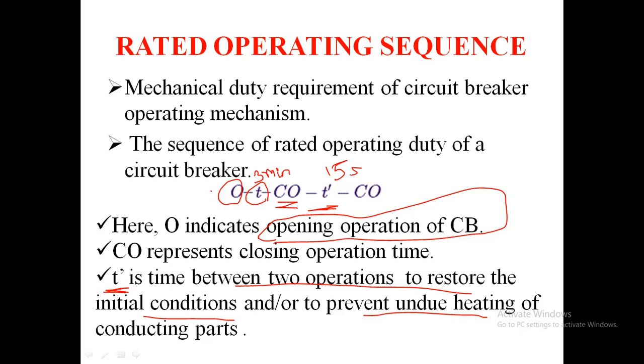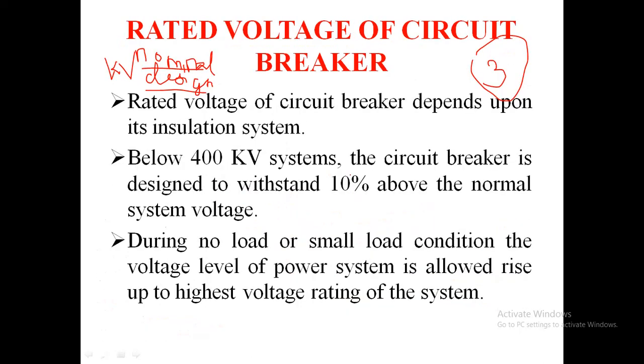So this is the rated operating sequence. These are some of the ratings of a circuit breaker, and we discussed the types of circuit breaker, vacuum circuit breakers and oil circuit breakers. Thank you.